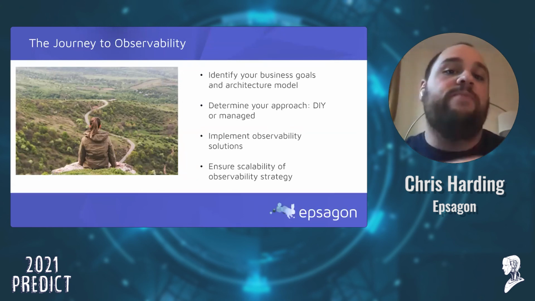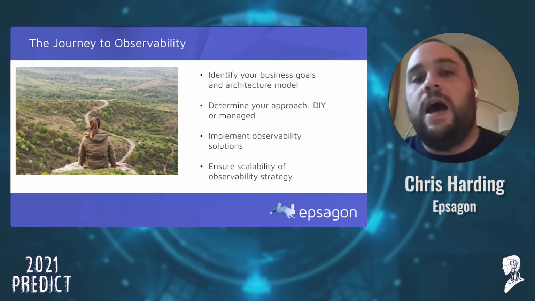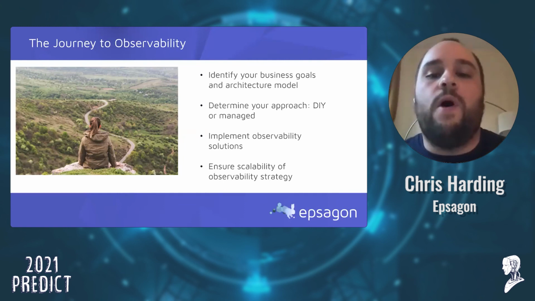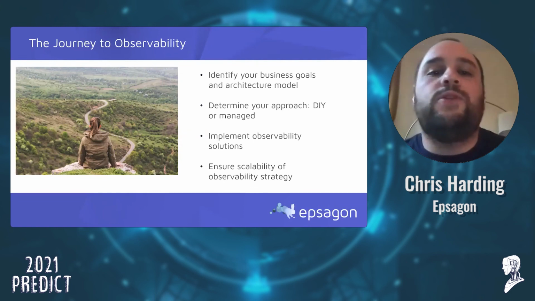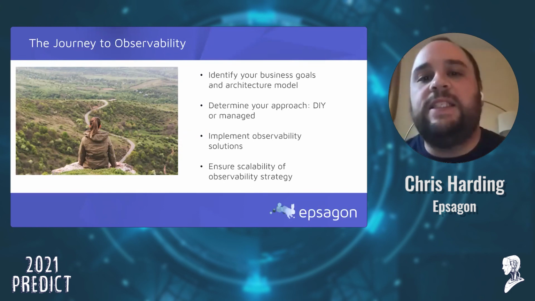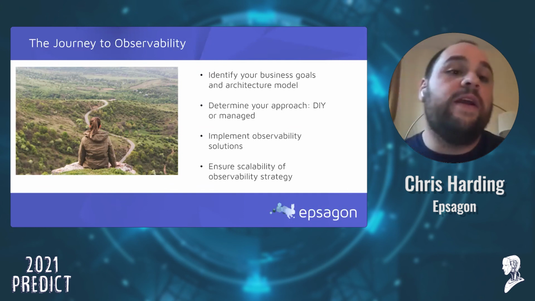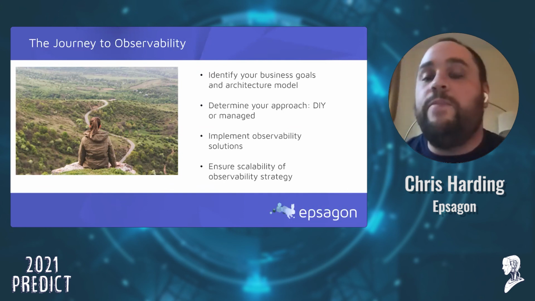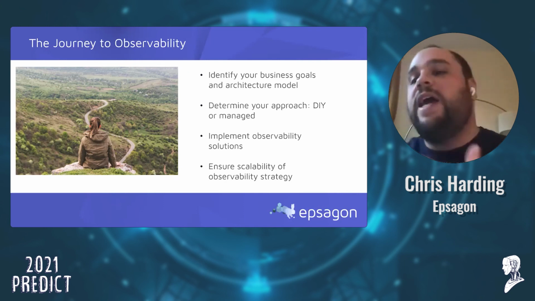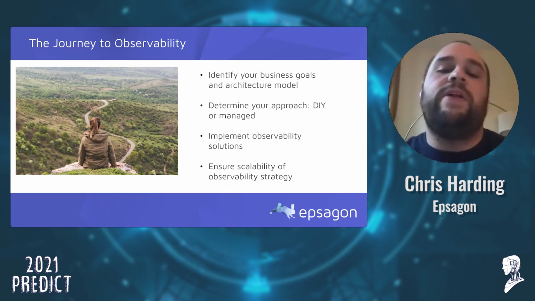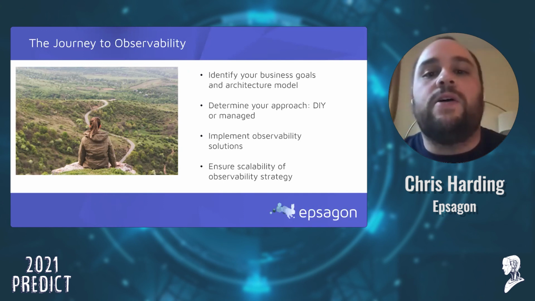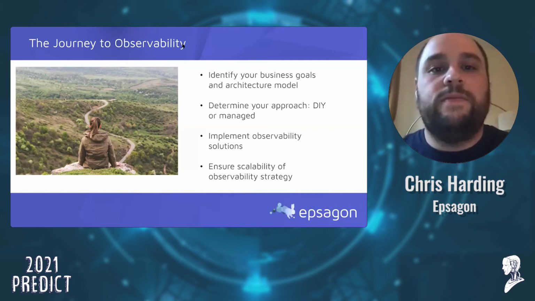It can be very simple with a tool like Epsagon, or a little more in-depth if you are going with open source. And then, of course, always ensure that your observability strategy can scale with your business. We have customers who have billions of requests that are very cyclical based on time of day or weekends. It's important to have a tool in place for observability that can scale alongside you.